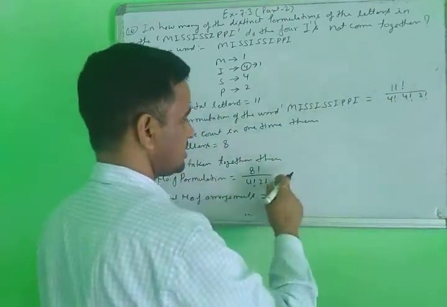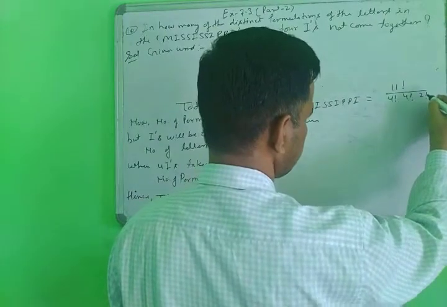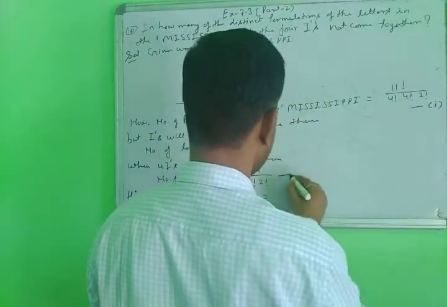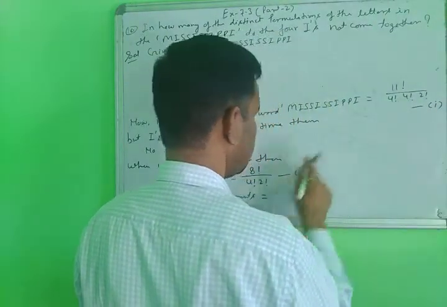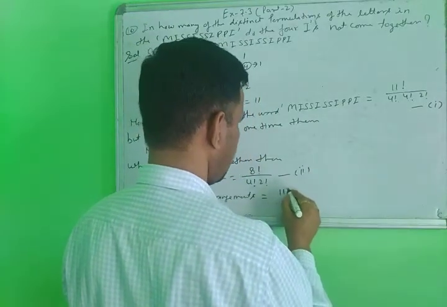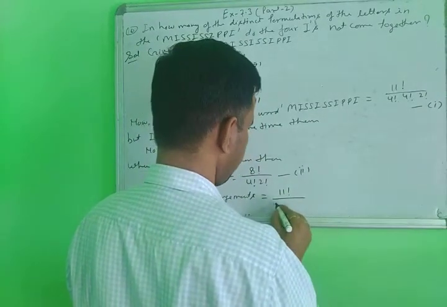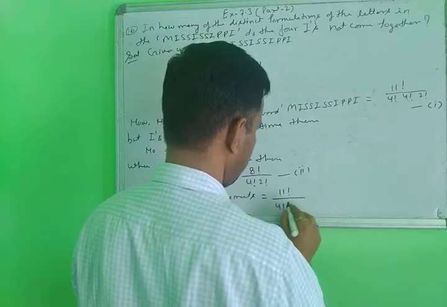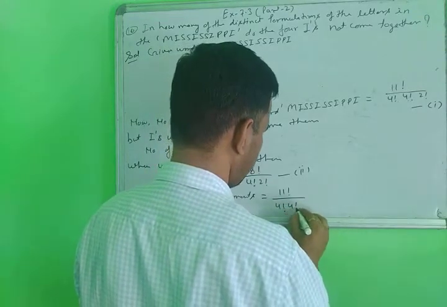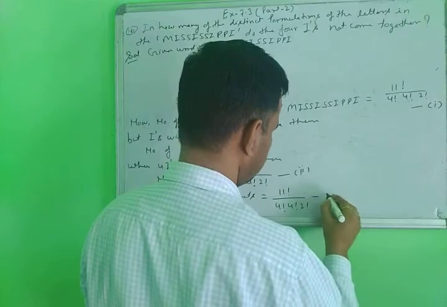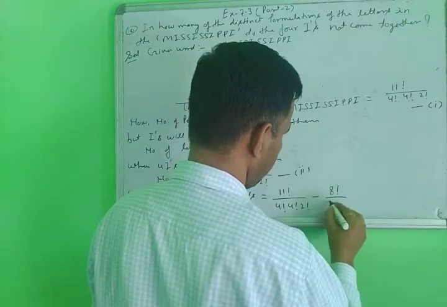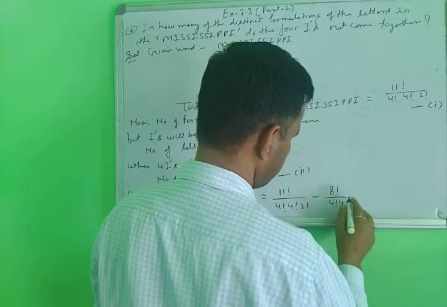This minus this: this is your equation first, this is your equation second. So this minus this: factorial 11 upon factorial 4, factorial 2, minus factorial 8 upon factorial 4, factorial 2.